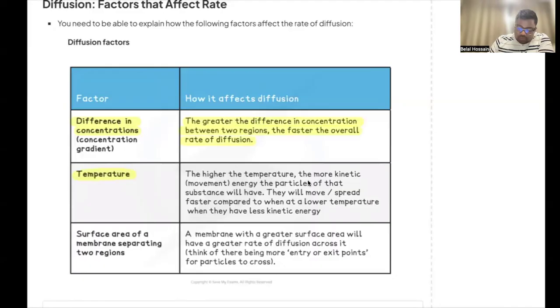Temperature. We know that the higher the temperature, particles will have more kinetic energy, so substances will move faster, they will collide with one another faster. As a result, they will spread faster compared to when at lower temperature, when they have less kinetic energy.